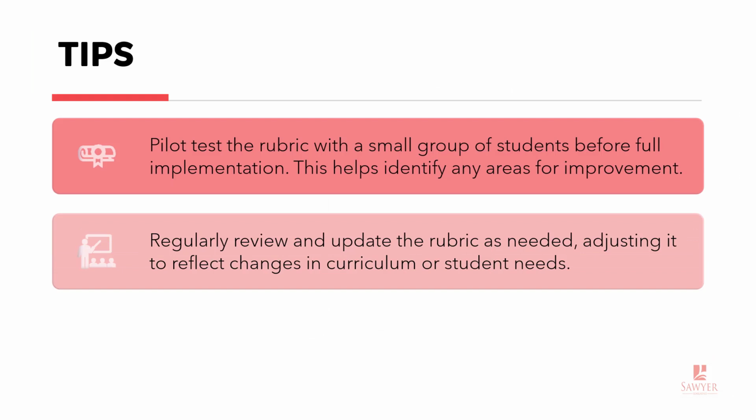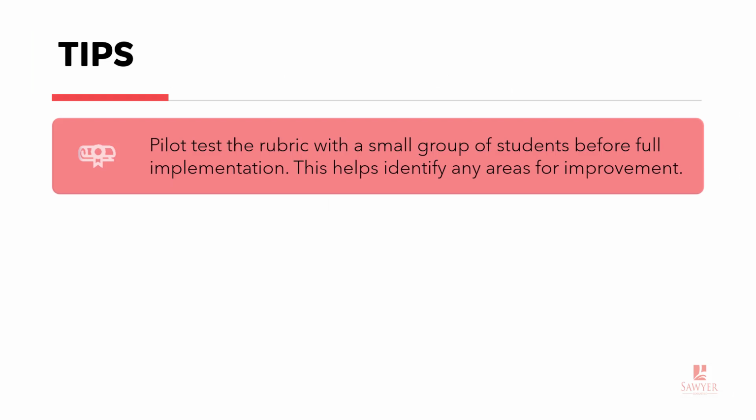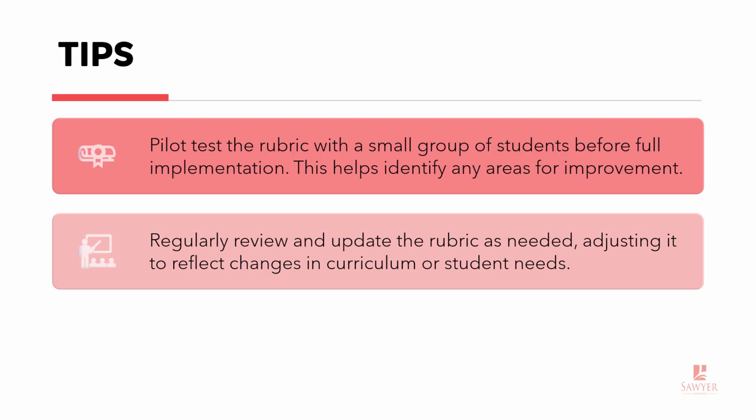So some tips. First of all, make sure you pilot the rubric with small groups of students, and then you try it with them. And if you find where you need to make any changes, don't be afraid to make changes. They're your rubrics, okay? And then make sure you regularly review and update your rubrics as needed.